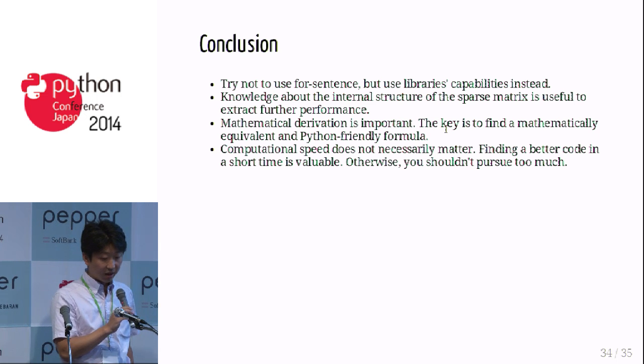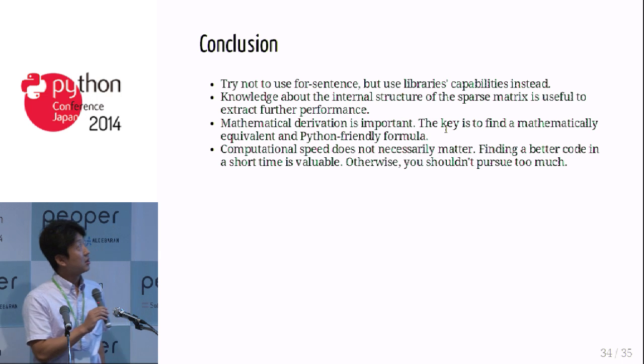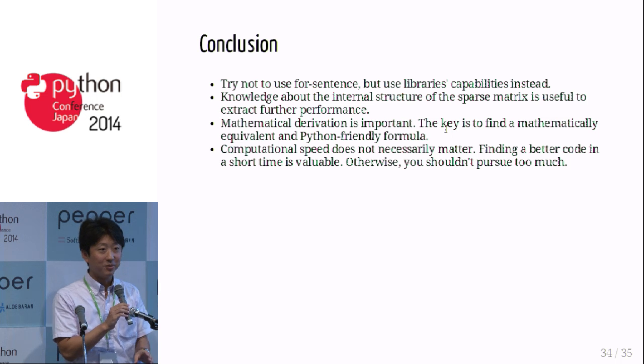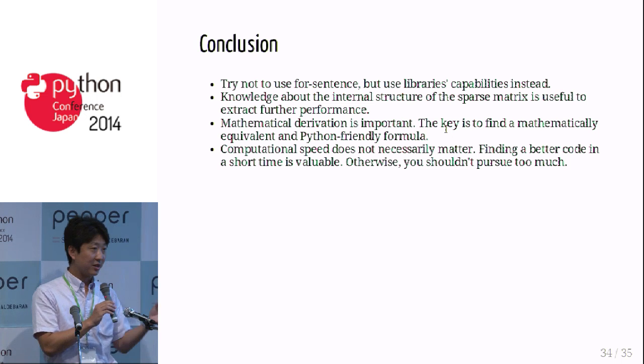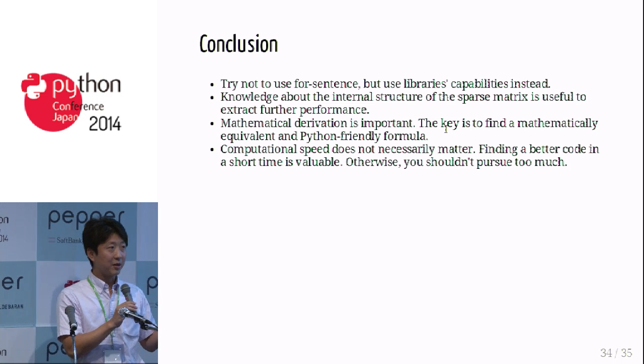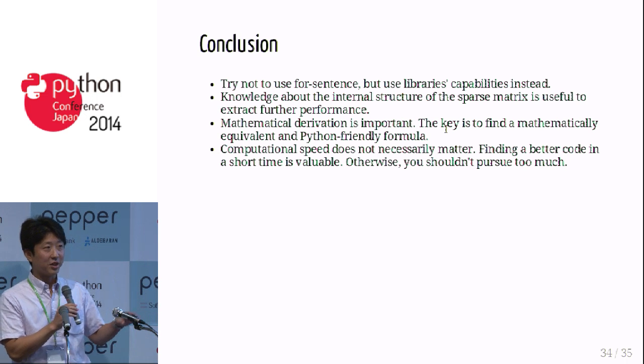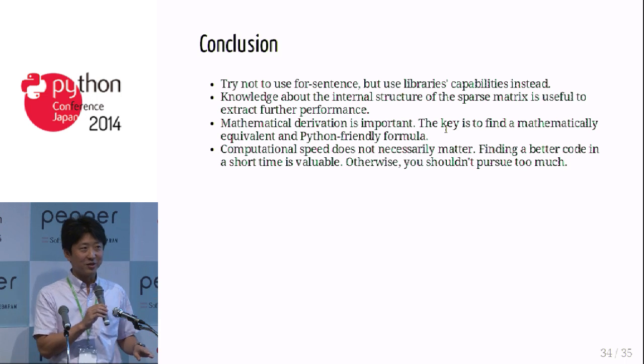And anyway, mathematical derivation is important. So you have to know the mathematics and the Python at the same time. You can list up the mathematically equal formulas. Then you can choose most Python-friendly formula.